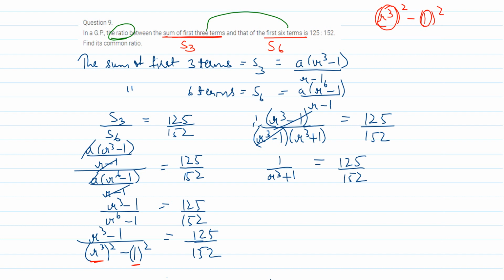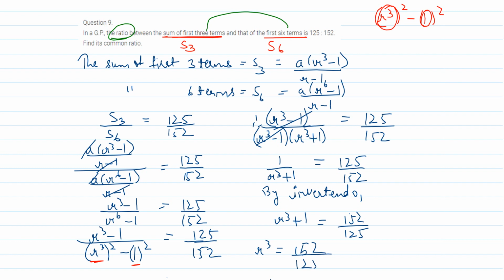So by invertendo, even if you don't write this, that's fine. I get r cube plus 1 is equal to 152 upon 125. So that is nothing but r cube is equal to 152 upon 125 minus 1.